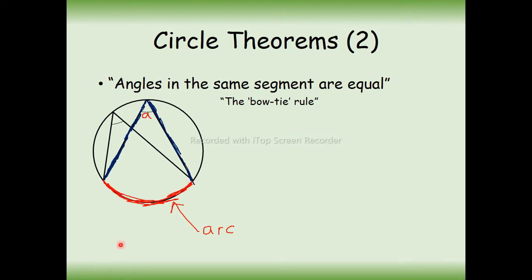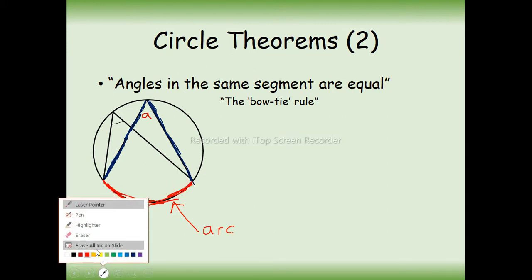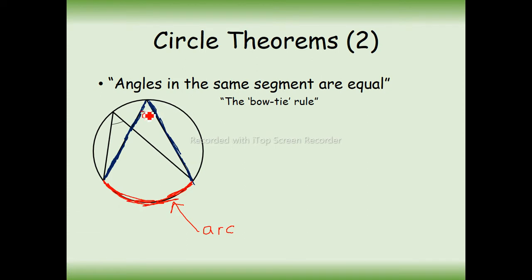And so we say that this angle A is subtended by this red string, almost like a slingshot. We could hold this angle upward using this arc.